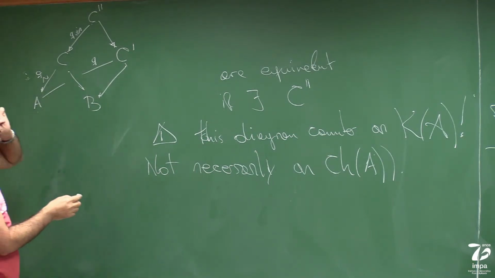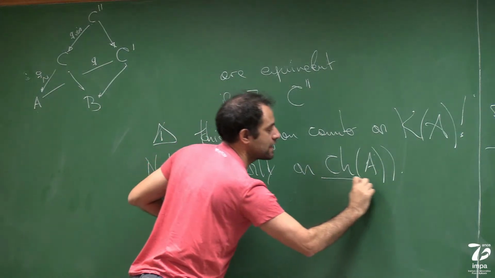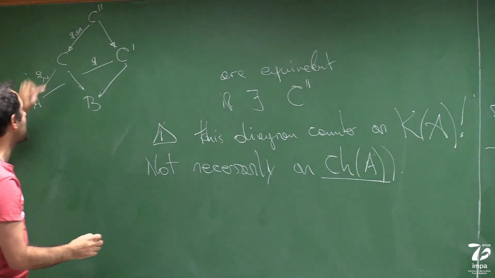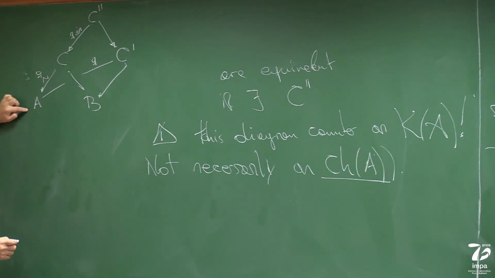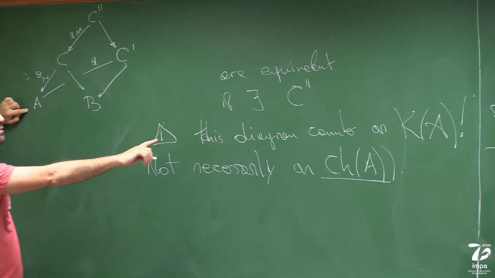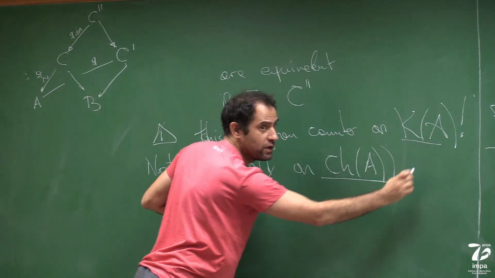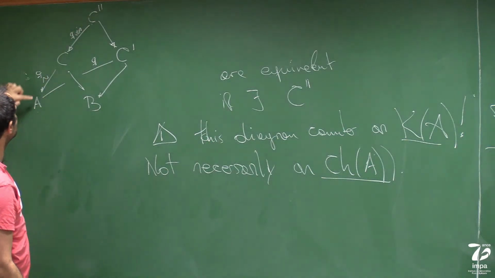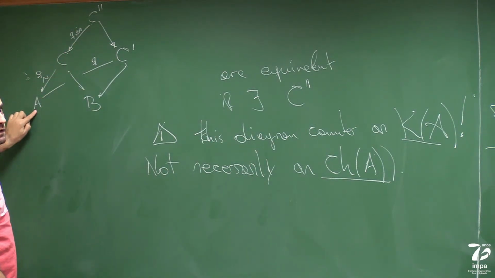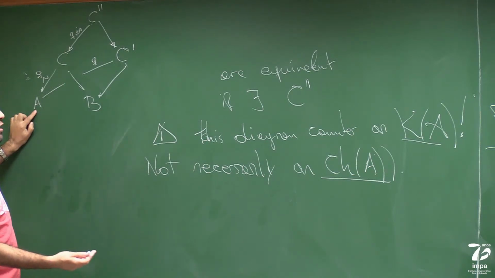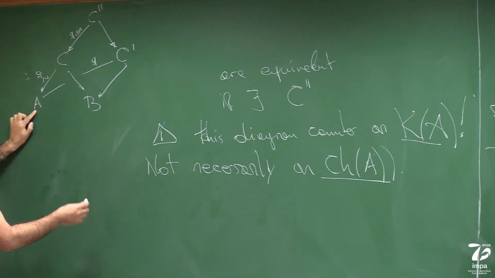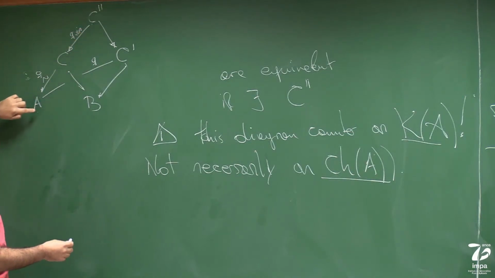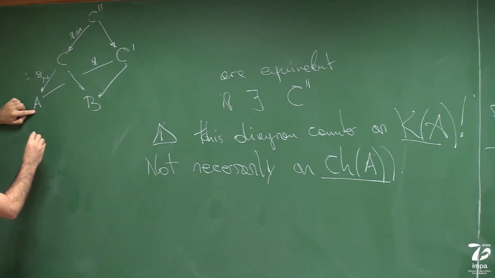If I required that this diagram commutes here, those two maps would be the same map between the same complexes. But I'm requiring that this diagram commutes on K of A, and commuting on K of A means that this composition is equal to this composition on K of A, which means they are homotopy equivalent. So all of this diagram is homotopy equivalent.